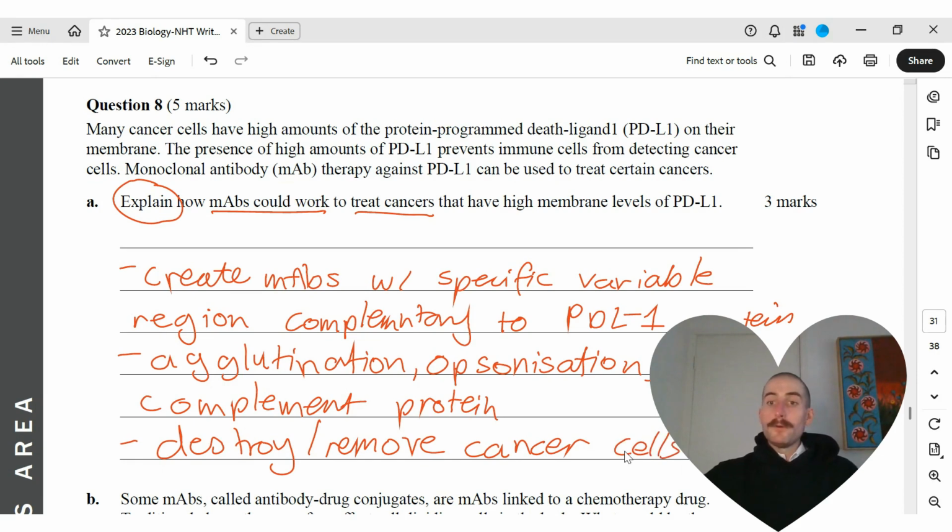It's really important here that we get to that last point about how it actually relates to the treatment. Really important that we come back to this point, how it actually treats cancer.